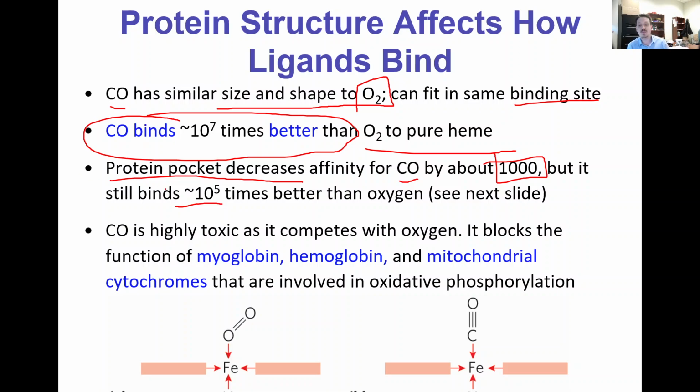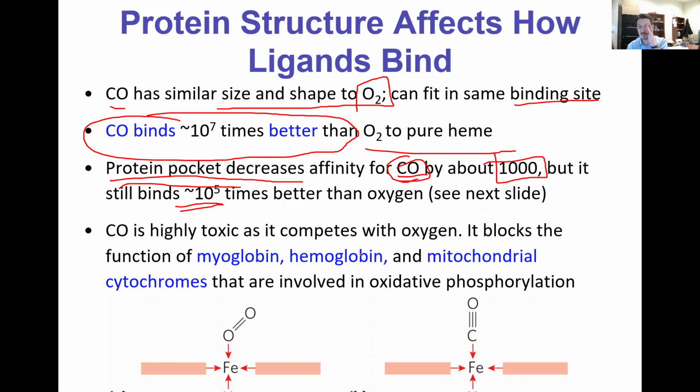So we can live with that, we can tolerate that. If it didn't, then even very minor levels of CO would cause suffocation. But because CO levels are low enough, and with the additive effect of the protein pocket decreasing the affinity for CO, together that makes it so that you can tolerate the normal atmospheric level of CO.